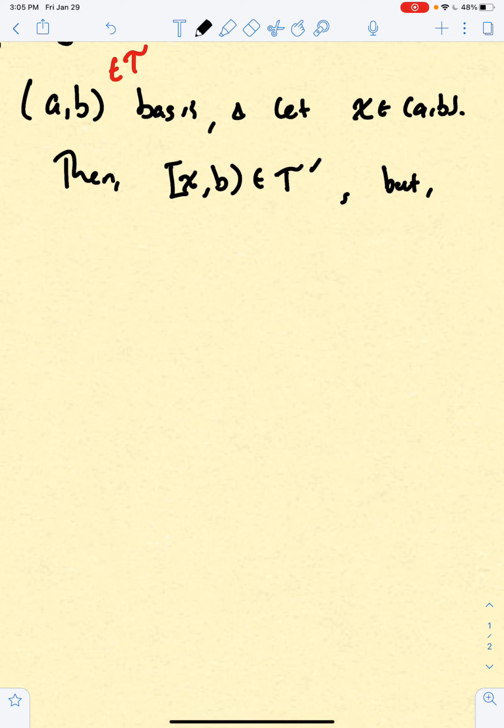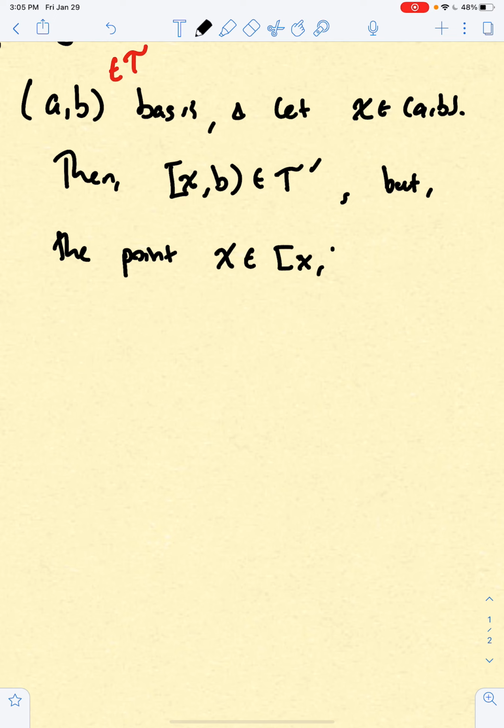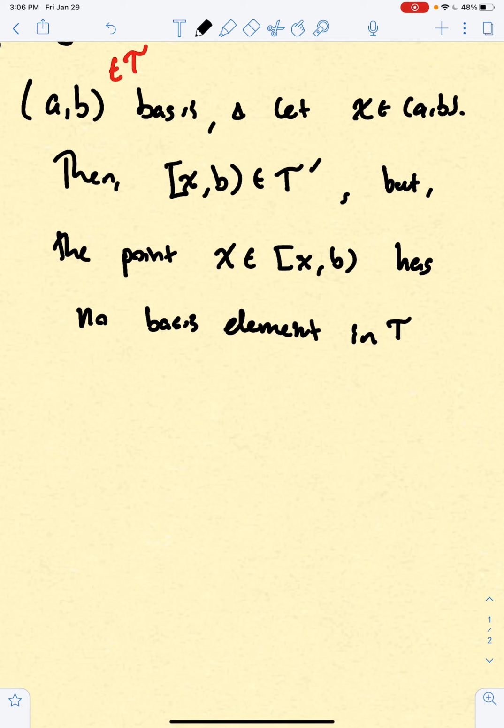But the point x in this set has no open neighborhood, I should say, no basis element in the standard topology contained in x comma b.